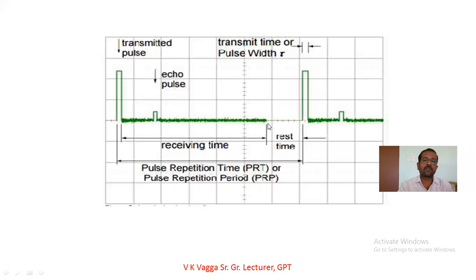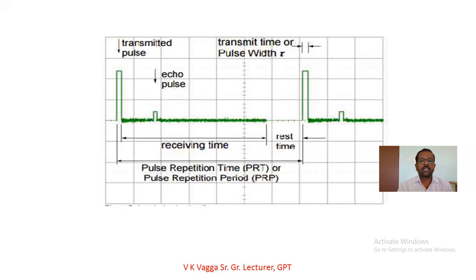So it has crossed its time limits. It is assumed that the original first signal has been lost, and it is neglected there. So this is the receiving time. It can receive the reflected signal within the allotted time. If it receives within the allotted time, that maximum time itself is called the unambiguous range.